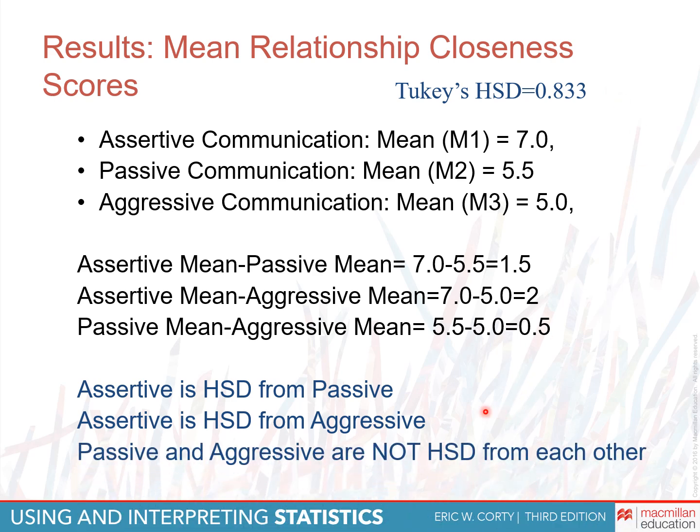But when we look at the passive group versus the aggressive group, they are not honestly significantly different from each other in terms of closeness because the difference in mean closeness here is only 0.5, and that value is less than Tukey's HSD of 0.833.